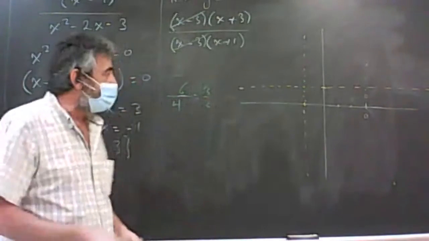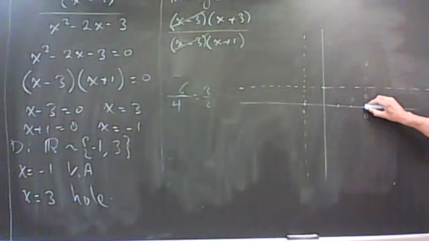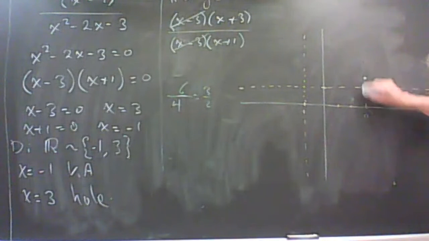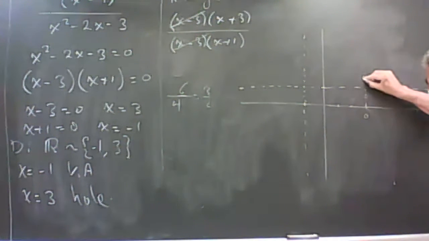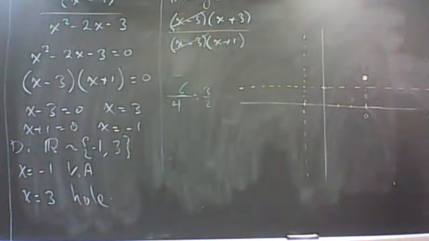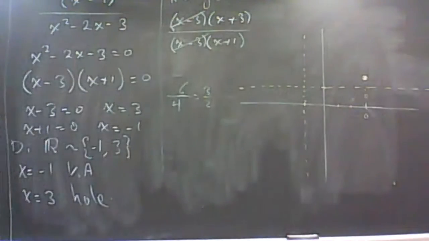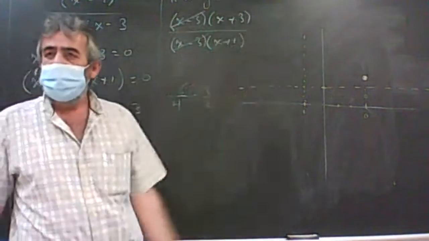Yes? So now I'm going to go up from this point to the point 3 over 2, which is simply there. Yes? And I'm going to put my circle right there. You see how we found it? So after we take all the common factors out, we substitute it and see what we get.